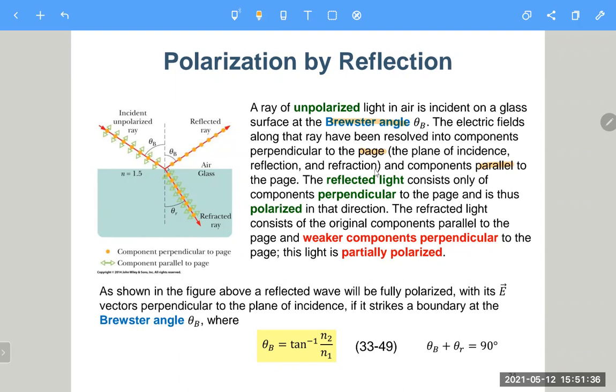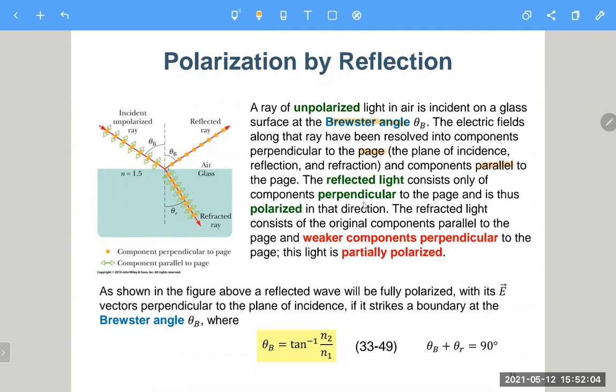Why it is like this is difficult to explain. When I learned it in electromagnetism, I needed to solve the Maxwell equations and write the equations for the incident ray, reflected ray, and refracted ray. It is very complicated to do so. Here you just memorize this fact.